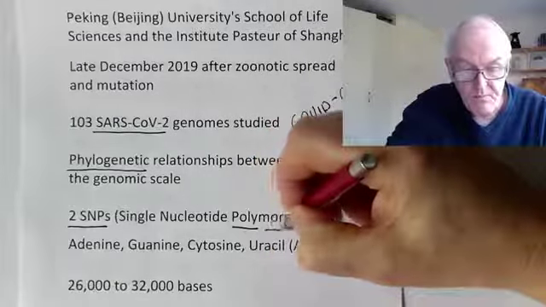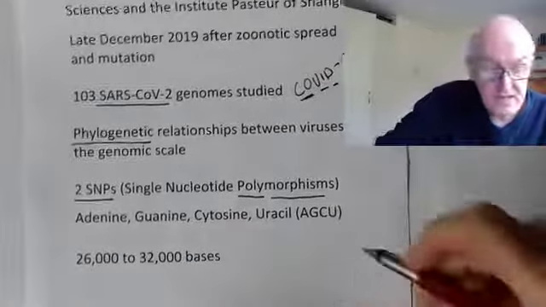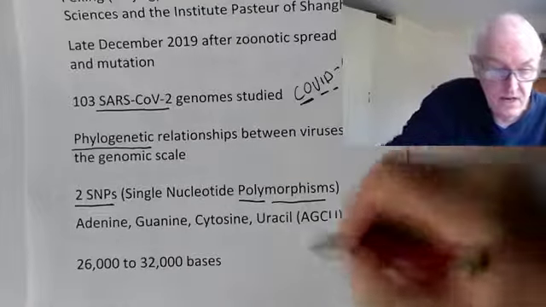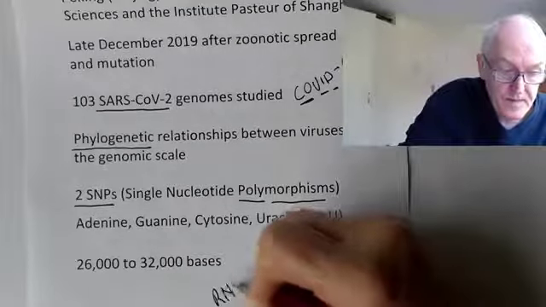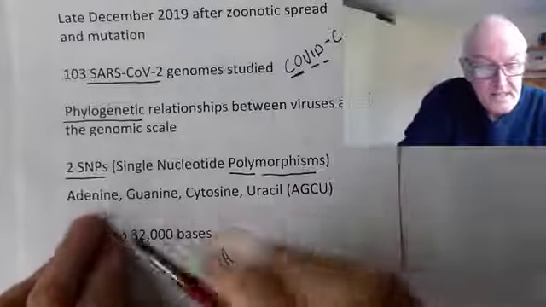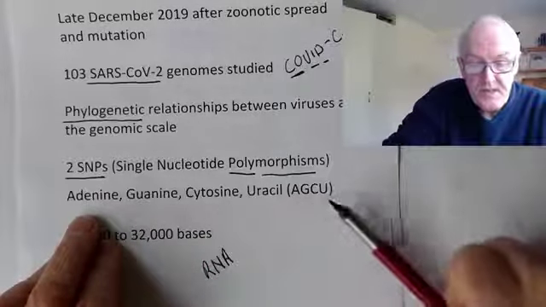Morph means shape. So what you get in RNA, because of course the coronavirus is an RNA virus, ribonucleic acid virus, is these bases: adenine, guanine, cytosine, and uracil, AGCU.